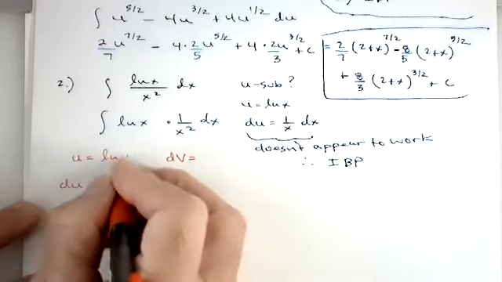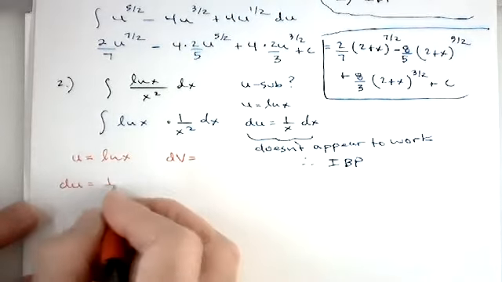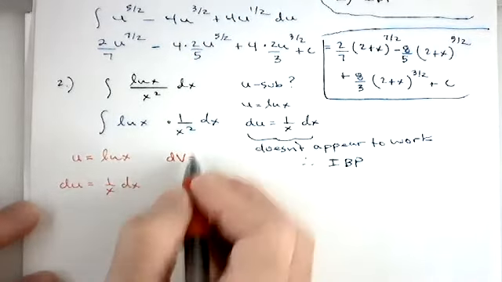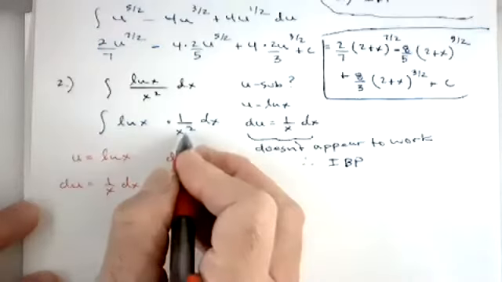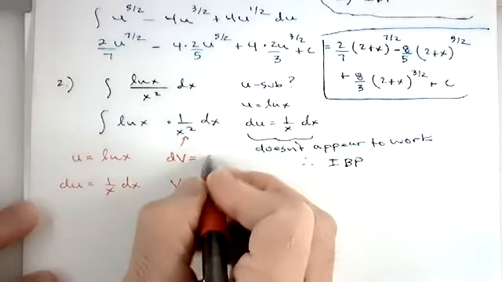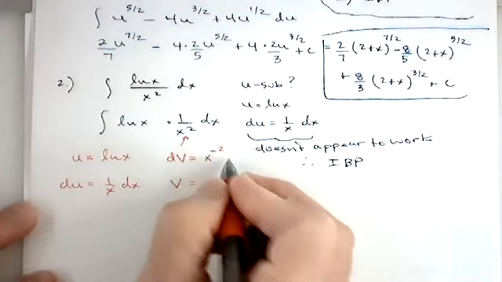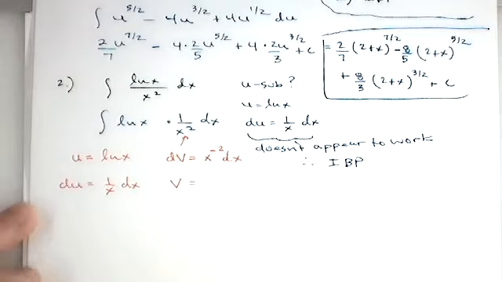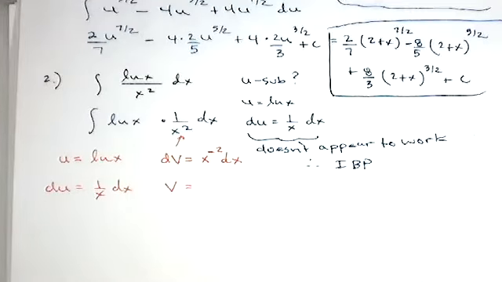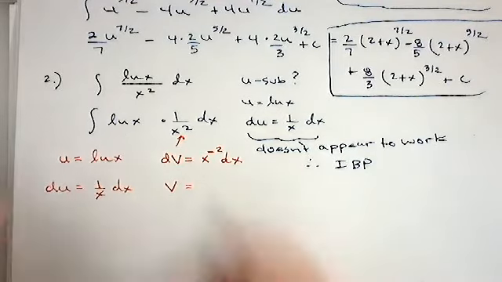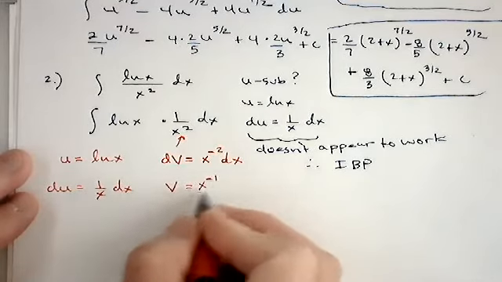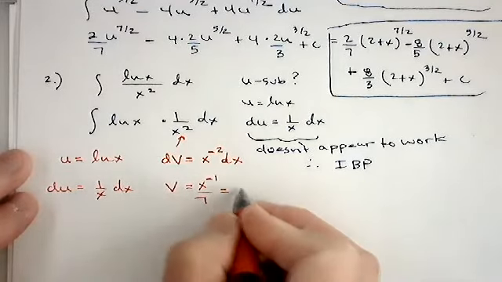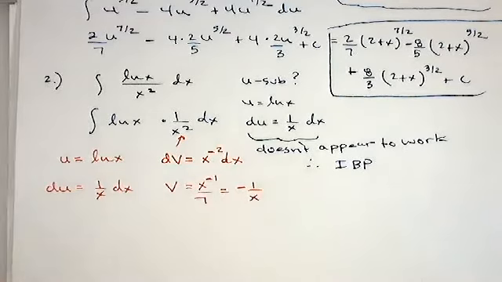So we're going to let u equal ln of x. du is 1 over x dx. That leaves dv to be this part, but I'm going to have to integrate it. So knowing that I'm going to have to integrate 1 over x squared, I'm going to write that as x to the negative 2 dx. Because my antiderivative says I got to add 1 and divide by that. And if I rewrote that, that's the same as negative 1 over x.